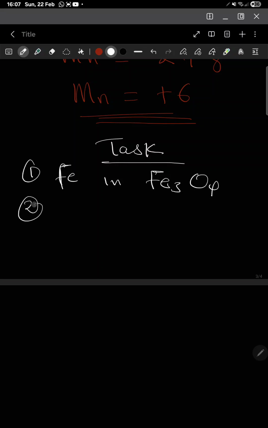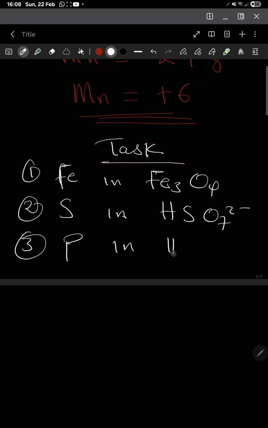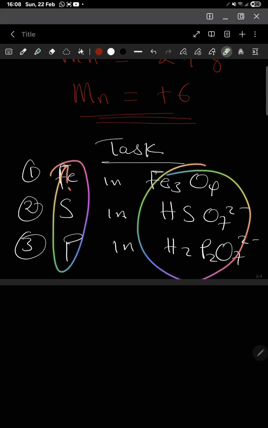Also calculate the oxidation number of S in HSO7 2 negative. Also calculate the oxidation number of P in H2P2O7 2 negative. So I want you to calculate the oxidation number of these atoms in these compounds.